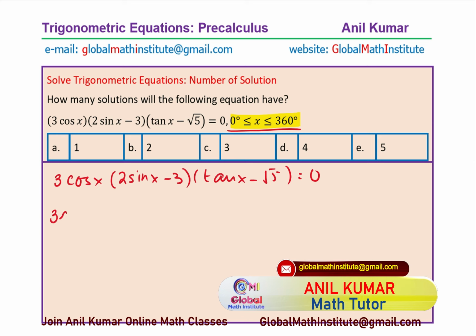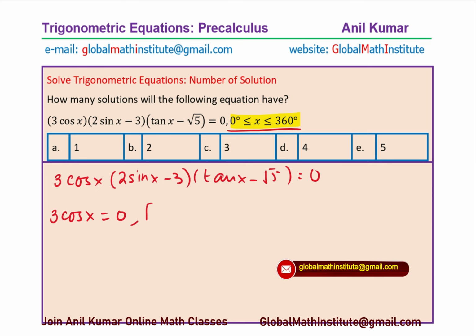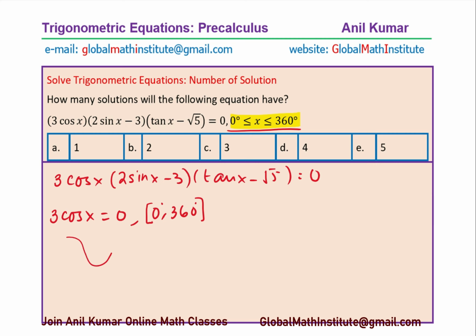For 3 cos x equals 0, within the interval 0 to 360 degrees, the cos x function looks like this. Let me sketch the graph. It has two zeros, at 90 degrees and 270 degrees. So these are the two solutions.